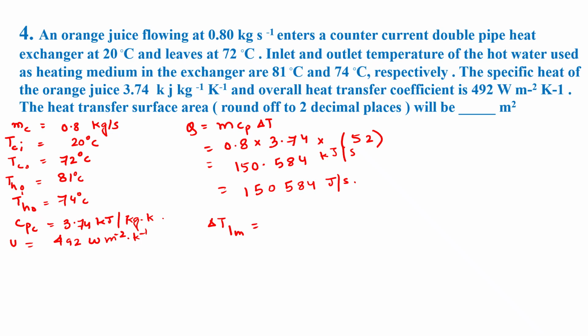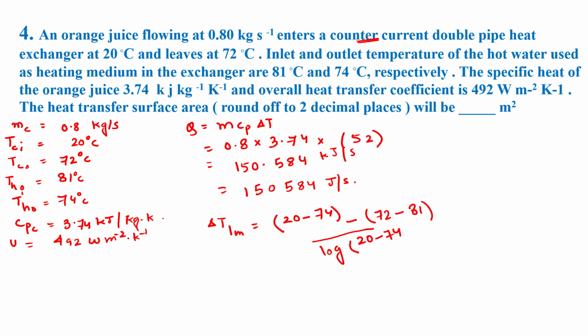It is (Tci − Tho) − (Tco − Tho)... that is, since it's a counter current, (20 − 74) − (72 − 81) divided by log of (20 − 74) / (72 − 81).